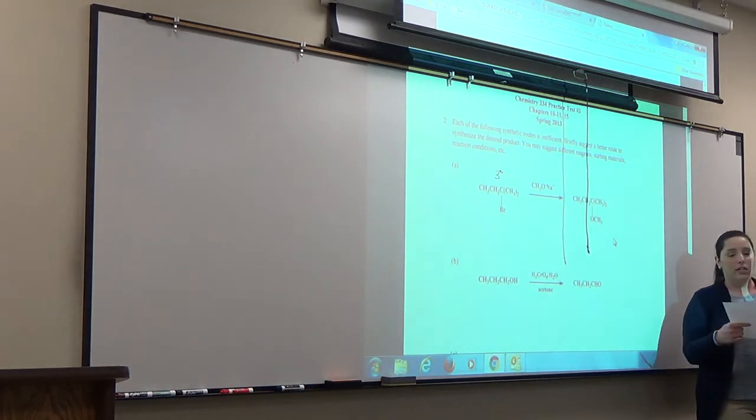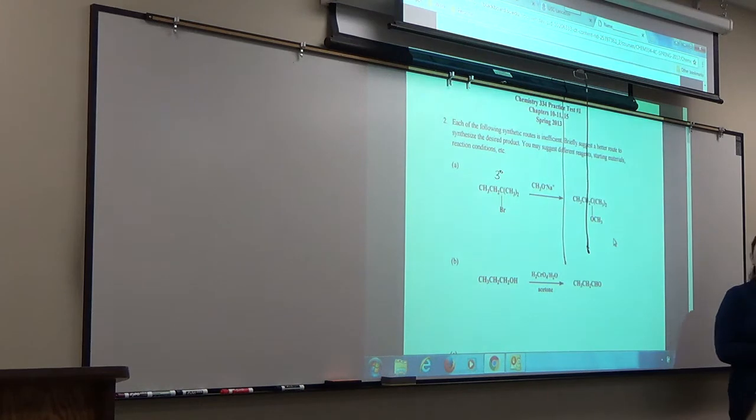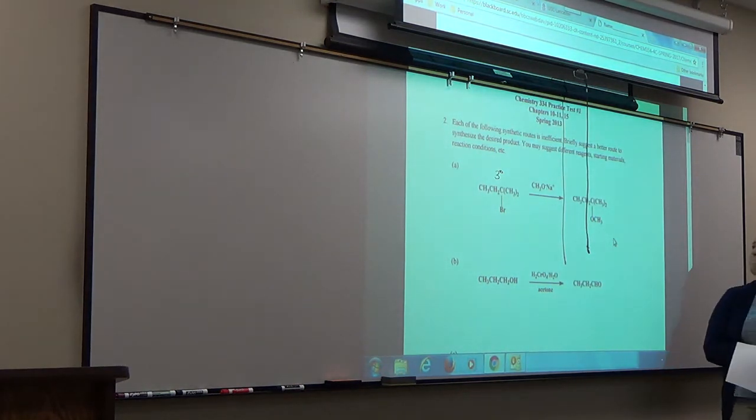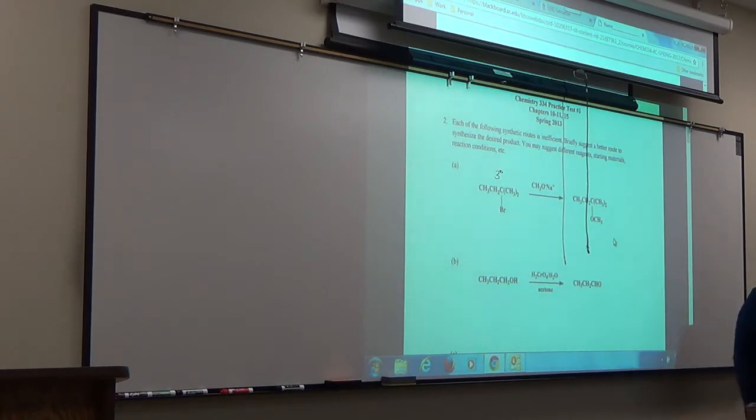So what would I need to do? So what can I do? Make it a primary carbon. I have the bromine coming off of a primary carbon. But I still want this, right?